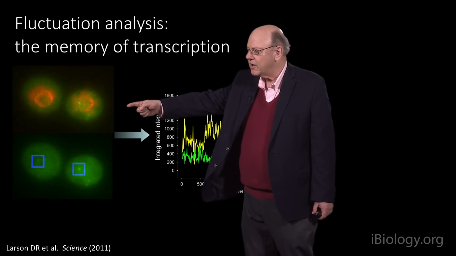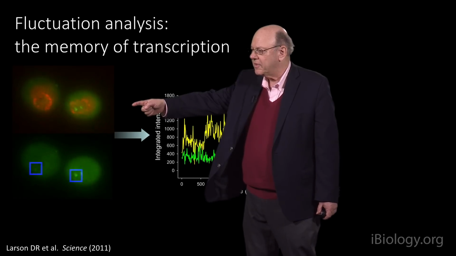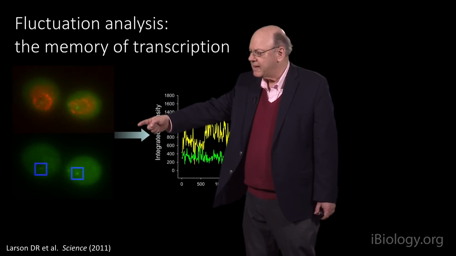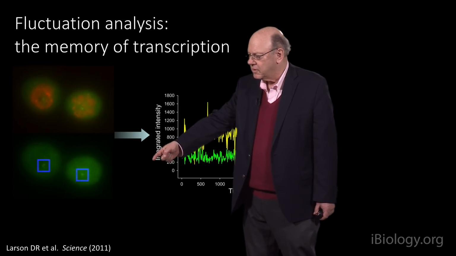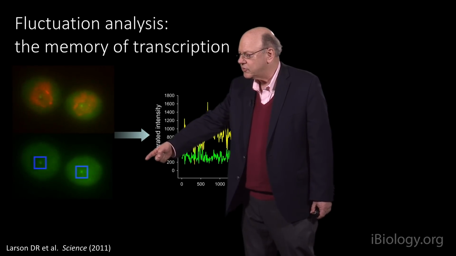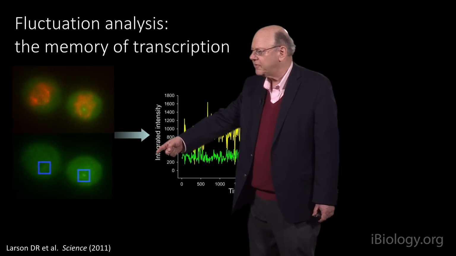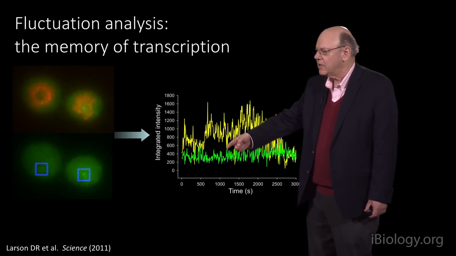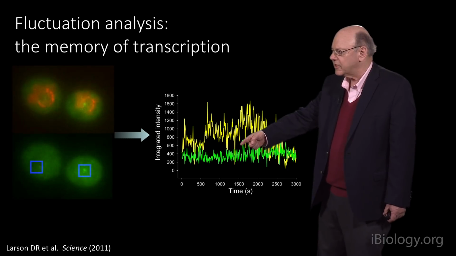That's where the RNA is being transcribed, and it's bouncing around because the nucleus moves around in yeast. And here is an algorithm that was designed to just follow the gene and measure its intensity at every frame. If you plot this intensity at every frame, you see what's interesting about transcription here.